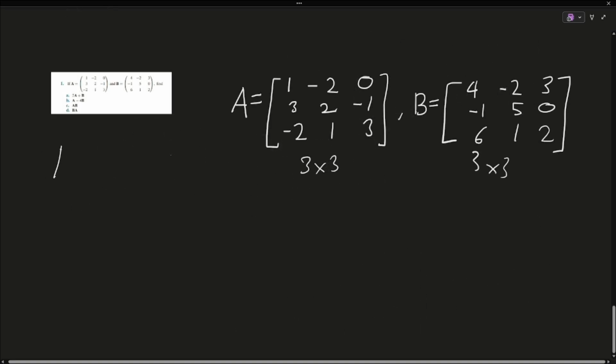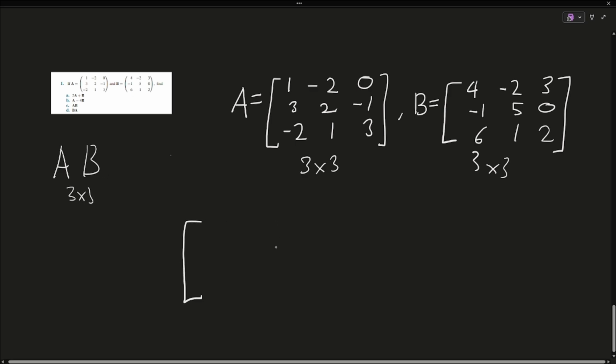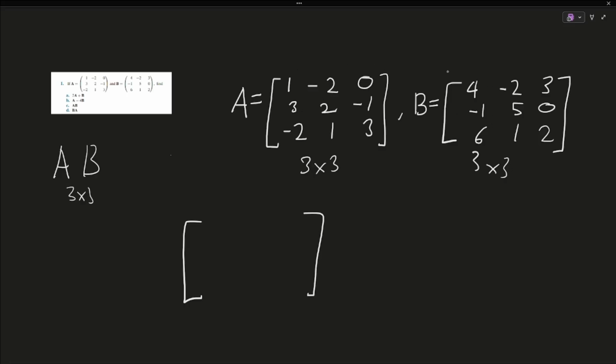Now let's try to find what AB is. As we covered before, we are able to do the AB multiplication because these numbers are the same, and the resultant matrix is going to be a 3 by 3 matrix. So we're going to have a 3 by 3 matrix here, and we're going to take the row of A and multiply with the column of B to get the first entry. So the row of A is 1, -2, 0 multiplied with 4, -1, 6.